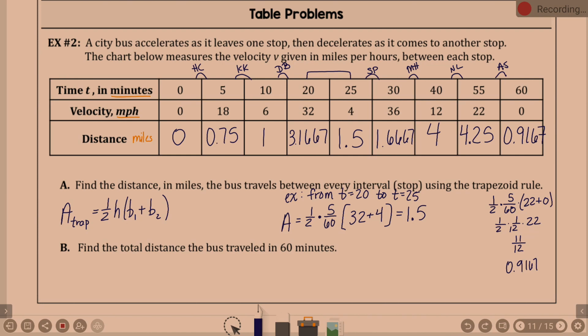I actually put 60 over 100 instead of 10 over 60. Don't you just add all those numbers together? Part B is find the total distance that the bus traveled in 60 minutes. And yeah, it's going to be adding them all up. I agree. 17 point something.